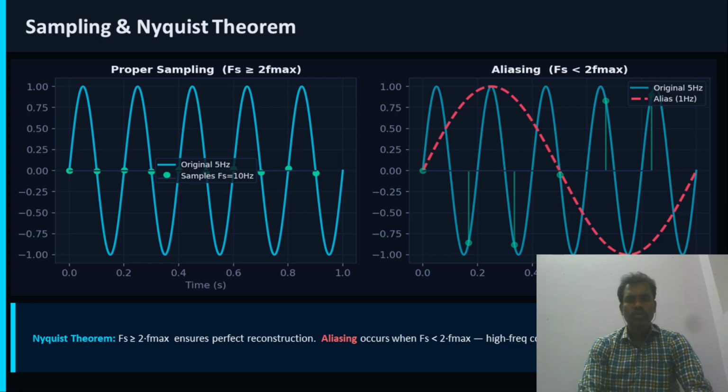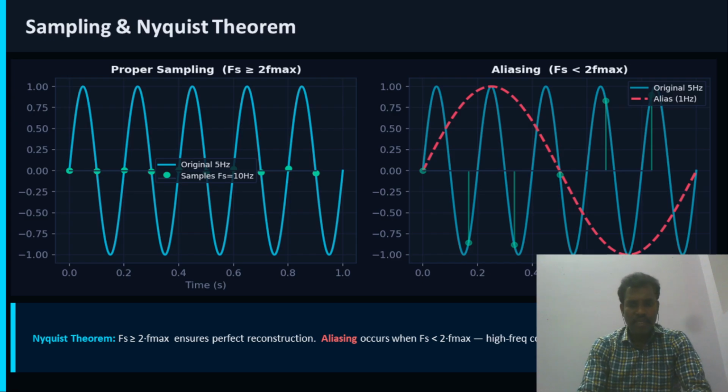Right. So what is sampling? What is the condition to take the samples? How many samples do we want to take from the signal? That is represented with the sampling theorem and Nyquist theorem.